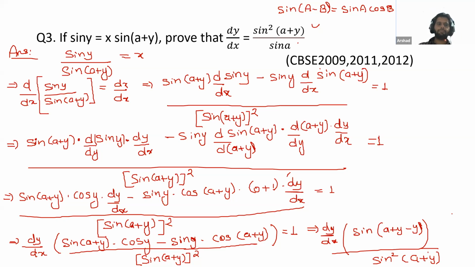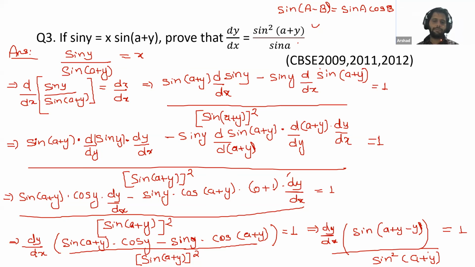The recent one? Umair, first of all, please tell me what is the formula of sin(a minus b)? Umair, unmute yourself and tell me. So sin A cos B minus cos A sin B.